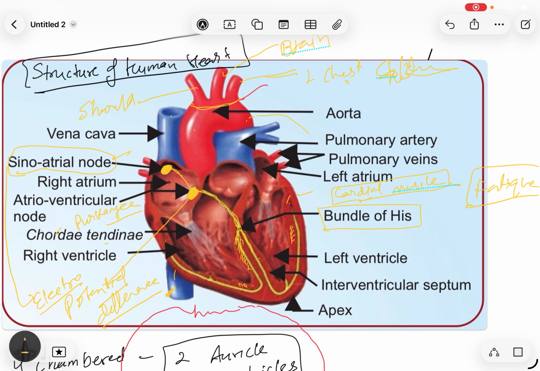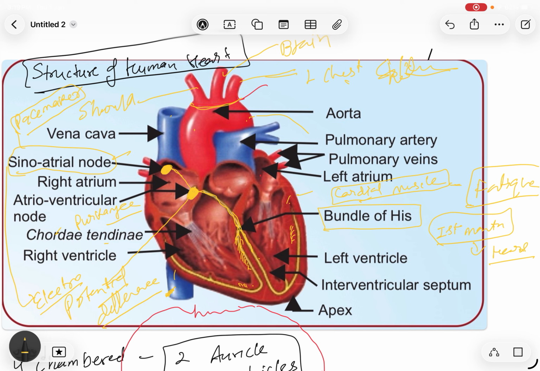When we are in the embryonic stage, in the first month of the embryo, the first heartbeat is generated, and till death it continuously beats by this node. So this sinoatrial node is also known as the pacemaker.